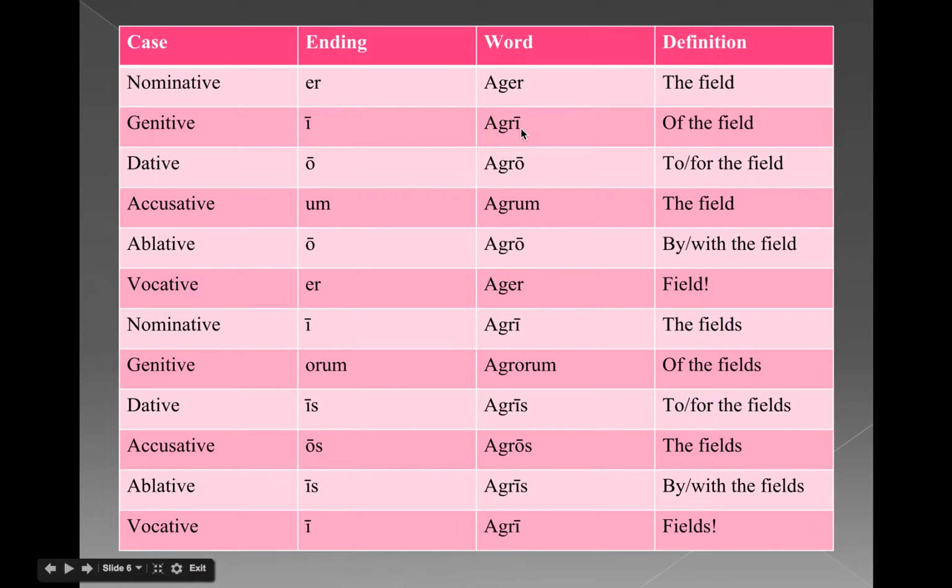So hopefully you can see here that that genitive singular is probably the biggest piece that you need to remember from this second declension. The principal parts that are given to you are always nominative and genitive singular. So make sure that when you're learning the vocab word that you also learn the principal parts. If you ever ask me for principal parts, I will happily give them to you as well.